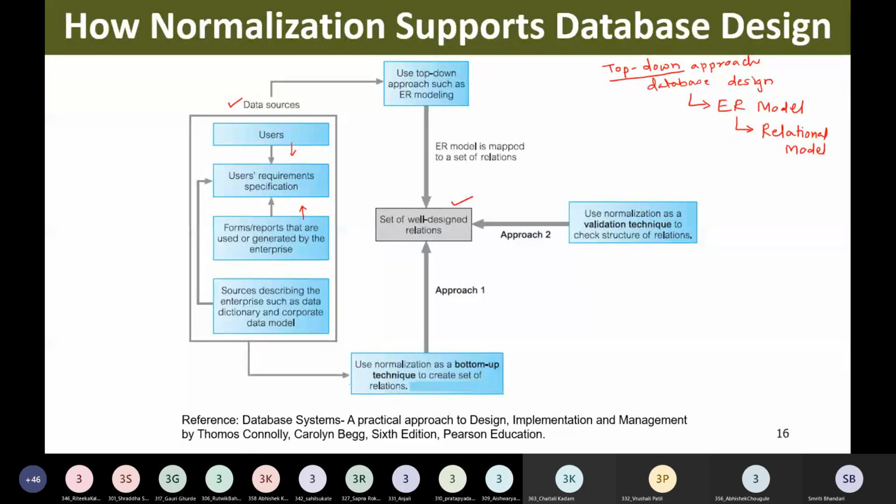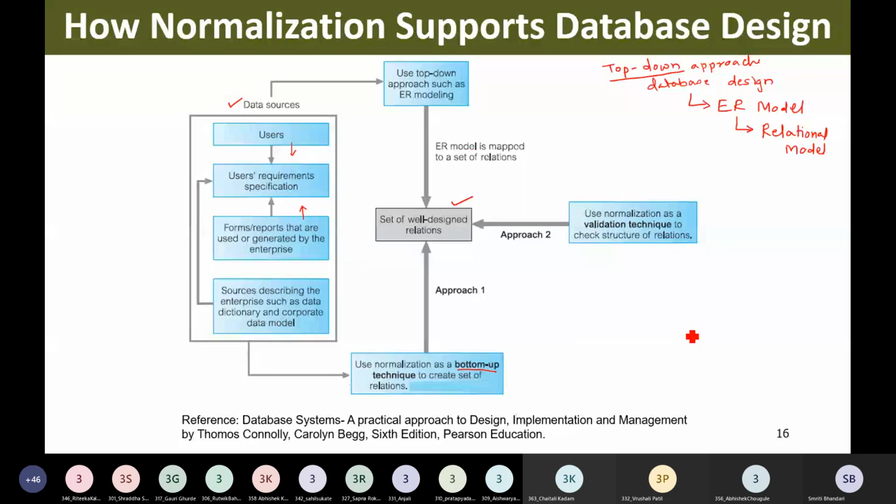We group all the attributes together that describe the data from the enterprise. And what we do next is we use the process of normalization to come up with the set of relations. So this process is known as the bottom-up process.